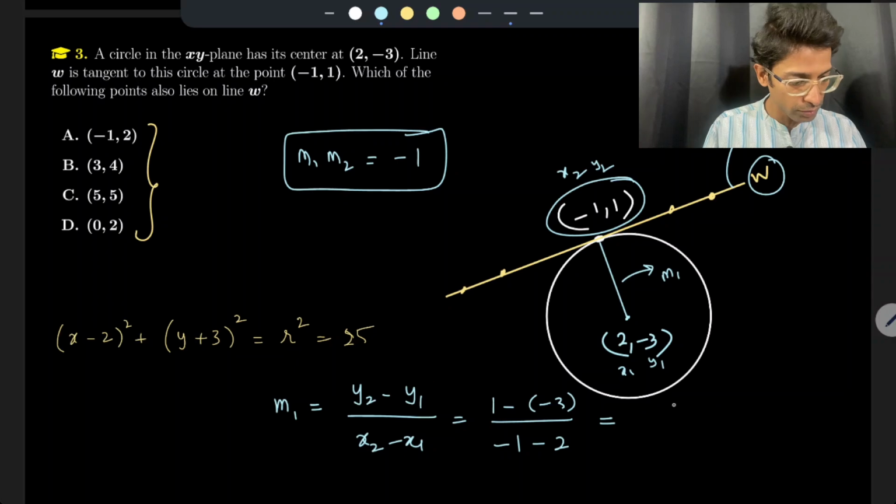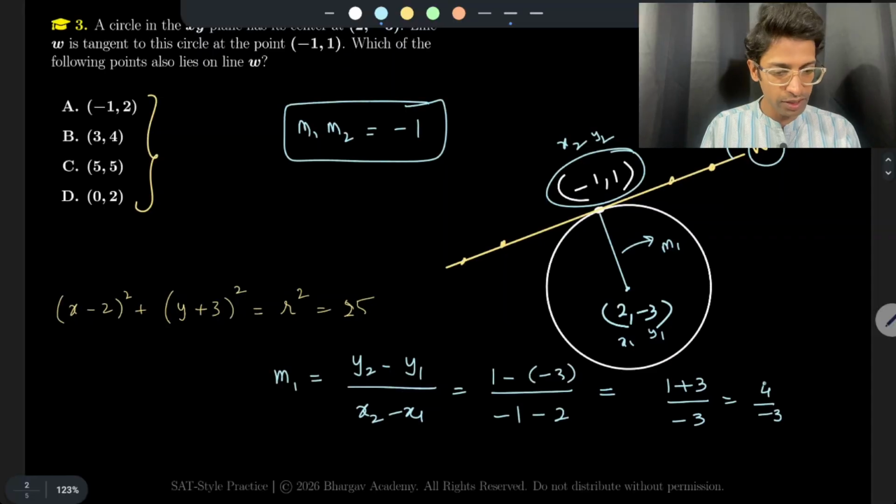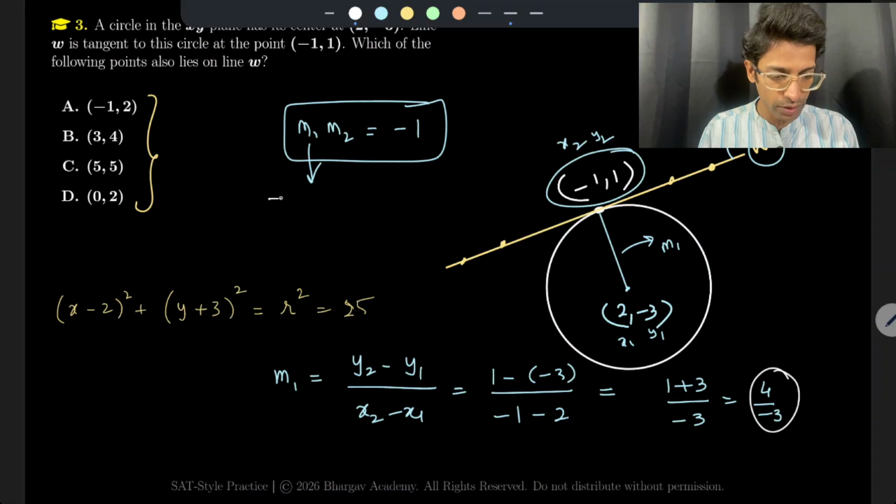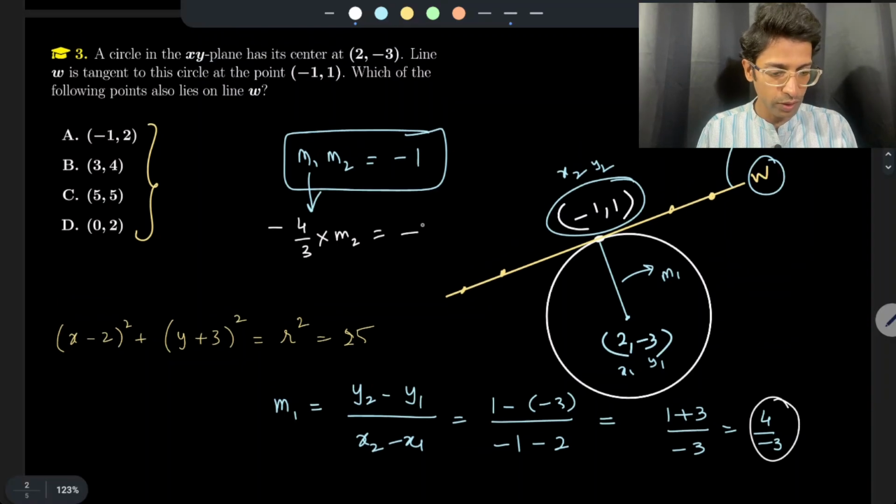So that's going to give me 1 plus 3 by -3. So that is 4 by -3. So I'll use this relation now. M1 I already know, which is -4 by 3, into M2, the slope of the line W, is -1. So M2 is 3 by 4.